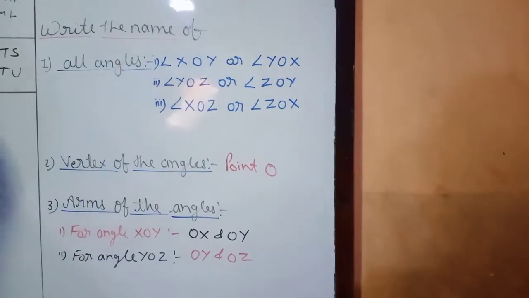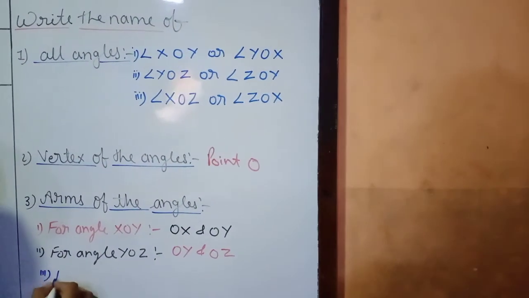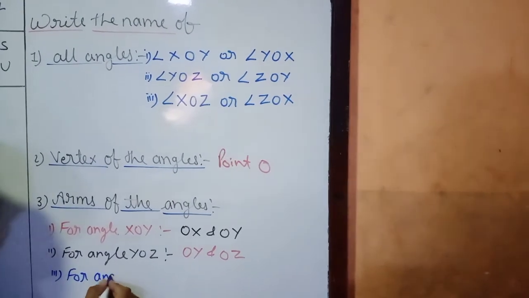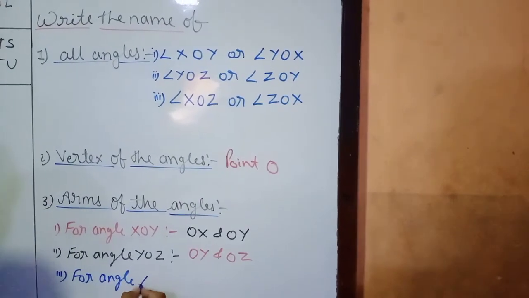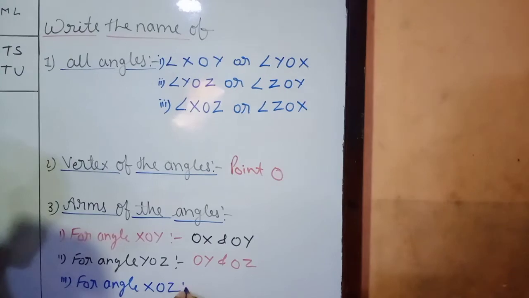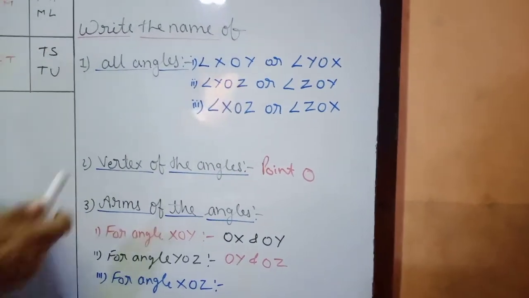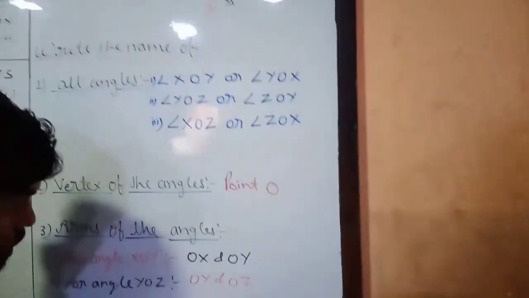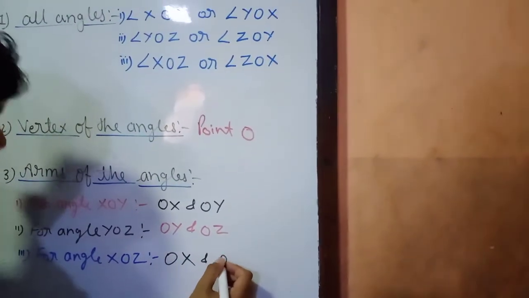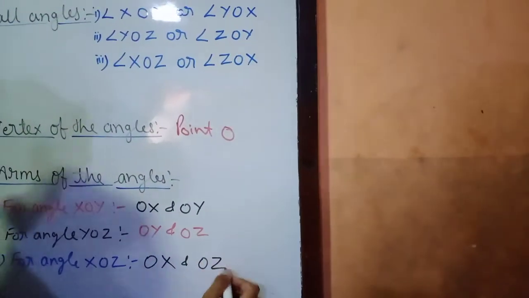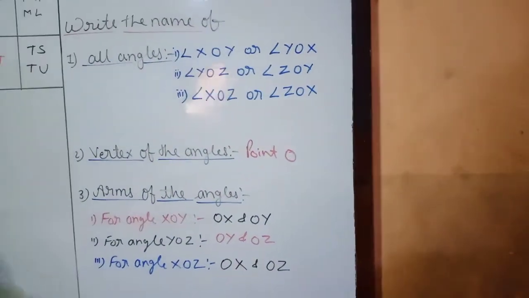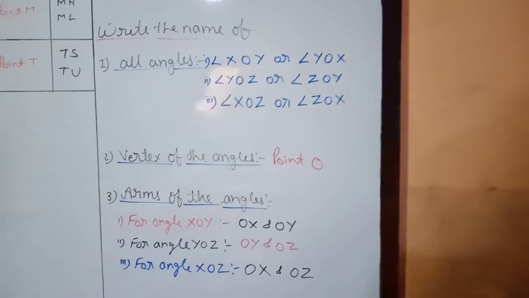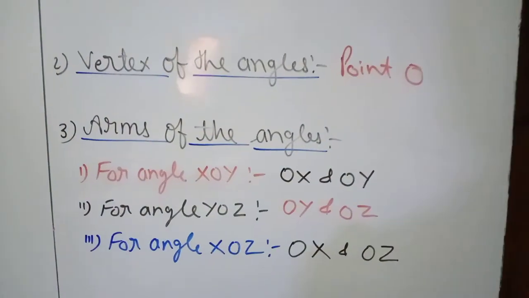Now for the bigger angle, what we have is XOZ. For XOZ we have OX and OZ. These are the arms of these three different angles.